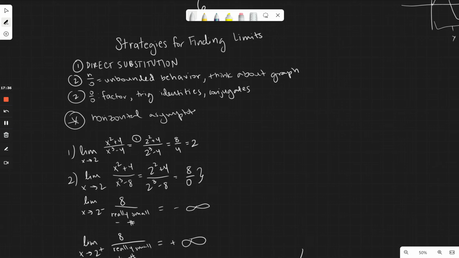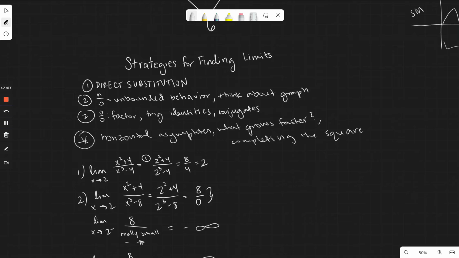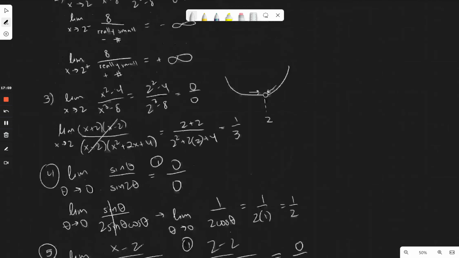You want to consider which grows faster. And we're just about to cover completing the square. So this is really all the basic limit strategies that you will need to use. Remember, just get these down and you'll be fine.